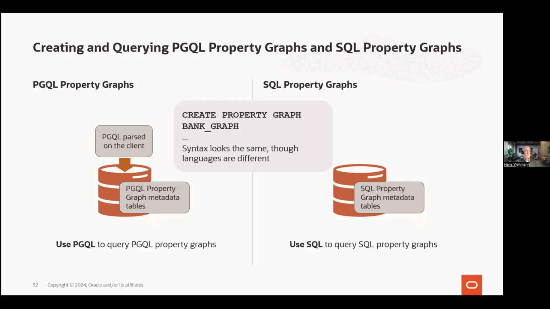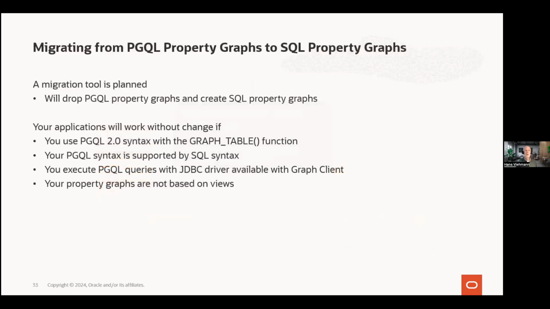If you are working with graphs already in a 19C environment, let's say, our recommendation is that you would use the new PGQL 2.0 syntax with the graph table function, which I was showing on that slide a moment ago.